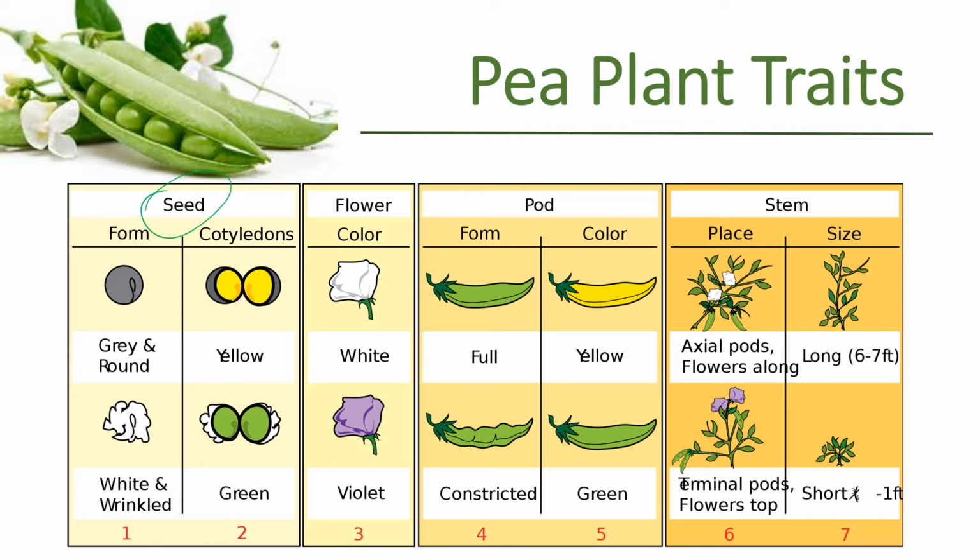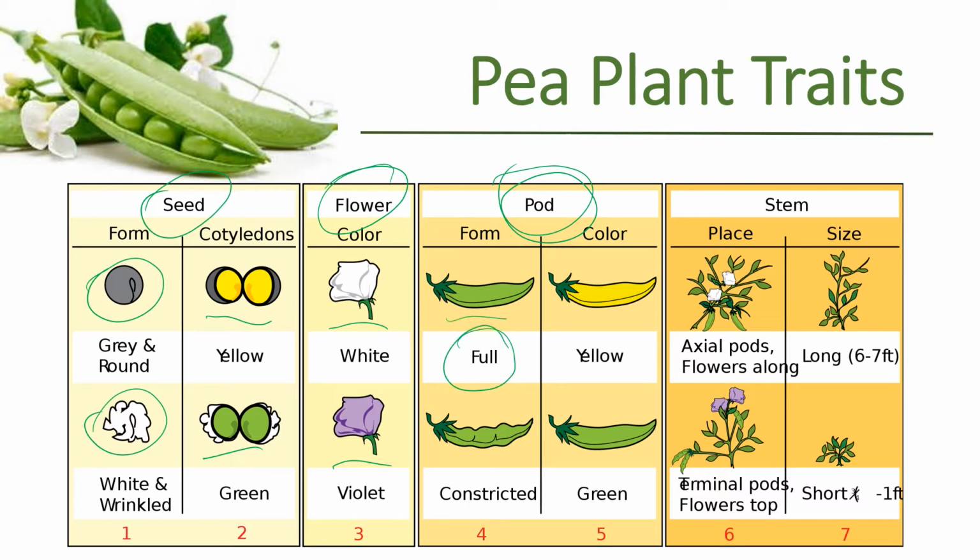He looked at a bunch of traits for the seed, and seeds can either be round or wrinkled. They can either be yellow or green. The flowers can be white or purple. The pods have a couple different characteristics. They can have a full appearance where they look kind of inflated, or they can look constricted, like you sucked all the air out of them. You can look at the color.